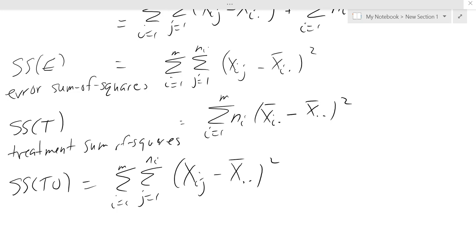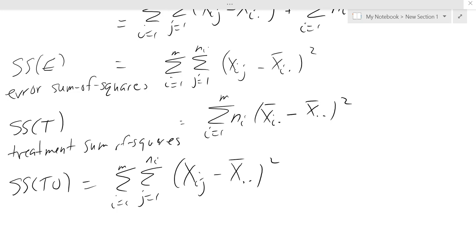Because this is just a sample variance, right? It's the sample variance times n minus 1 already. I didn't divide by the n minus 1 piece, right? Because that's exactly how you calculate sample variance, isn't it? Take the squares of your deviations from the sample mean and divide by n minus 1. I know you write it typically as a different formula, but this is exactly how you calculate a sample variance, right? Okay?